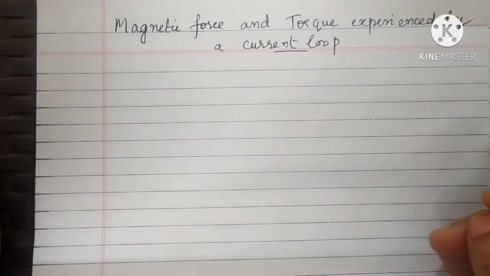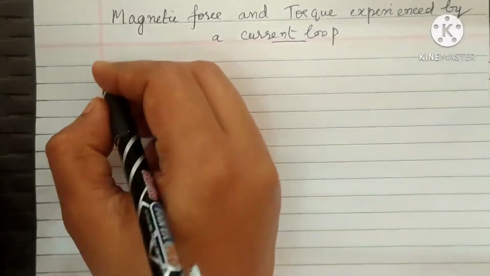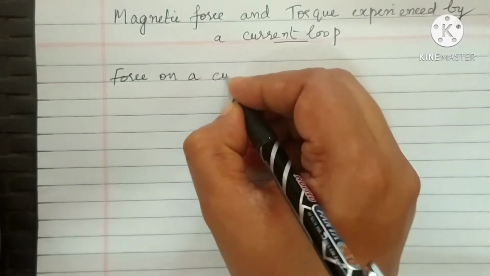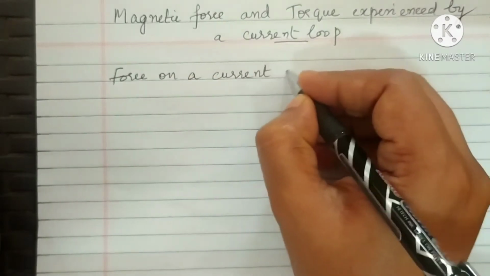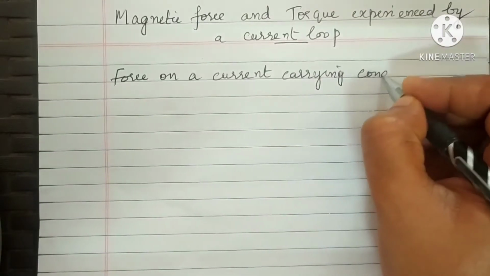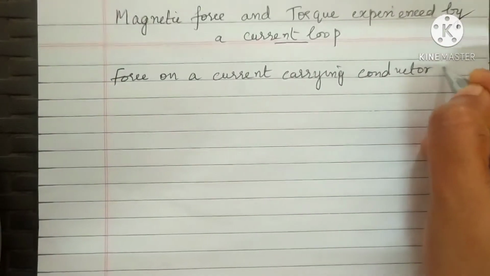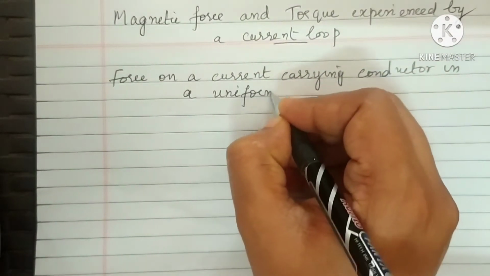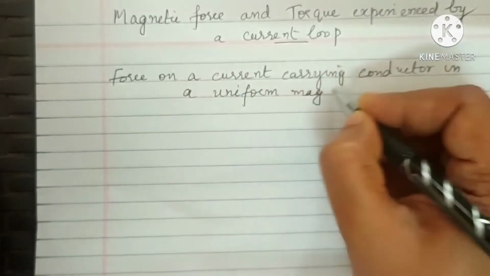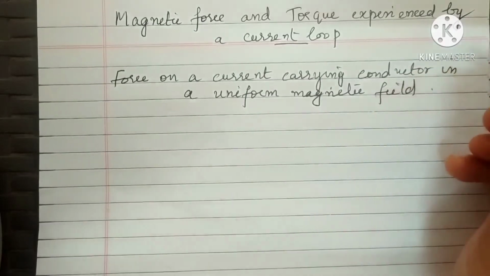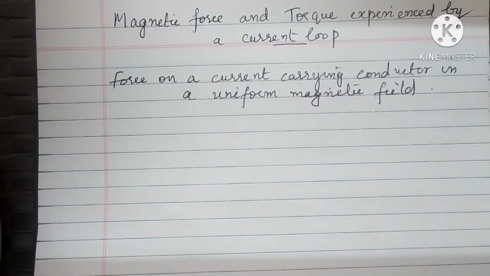So moving to our first topic, that is force on a current carrying conductor in a uniform magnetic field. So in class 10, you have studied that a current carrying conductor, when it is placed in a magnetic field, it will experience force.